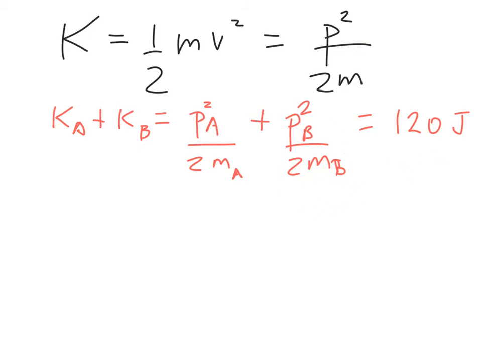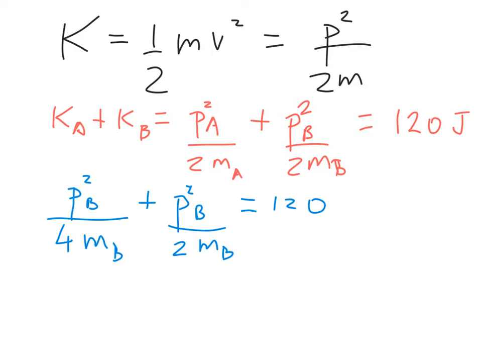However, we also know that PA plus PB is equal to 0, and so PA squared should be equal to PB squared. Further, we know that MA is 2 times MB. So, rewriting our expression, we have PB squared over 4MB plus PB squared over 2MB is equal to 120, where I have substituted PB squared instead of PA squared and 2MB instead of MA.